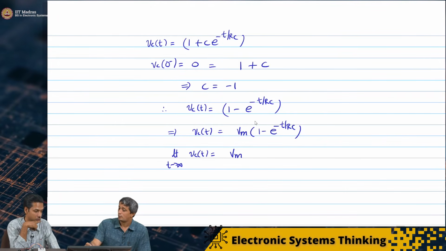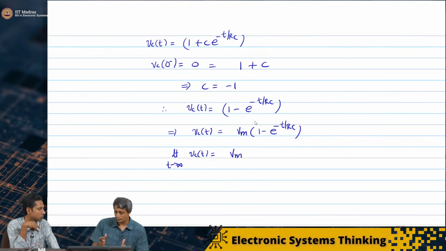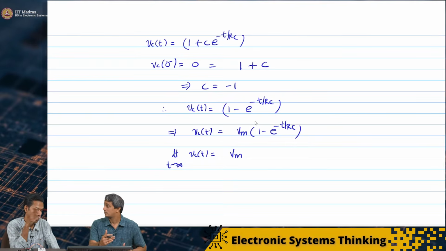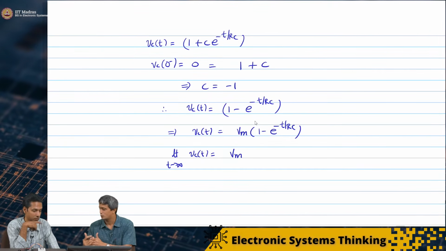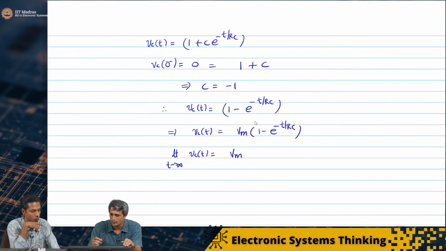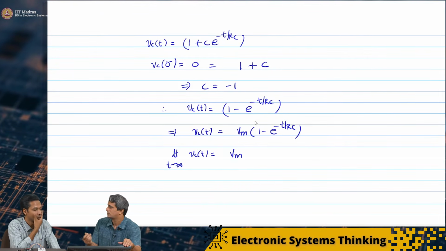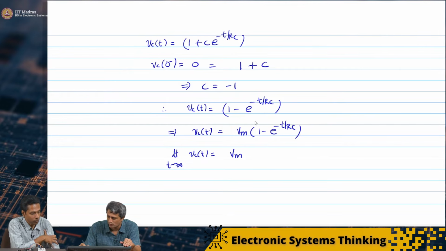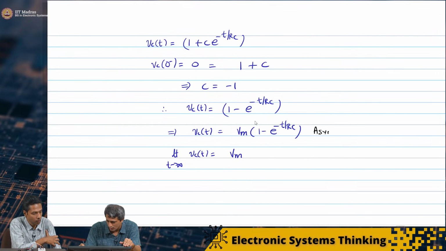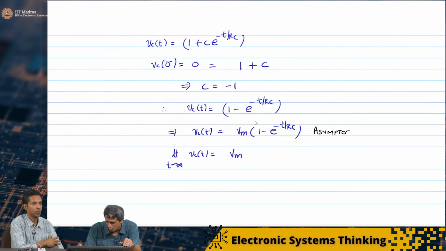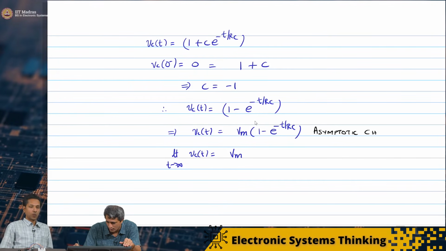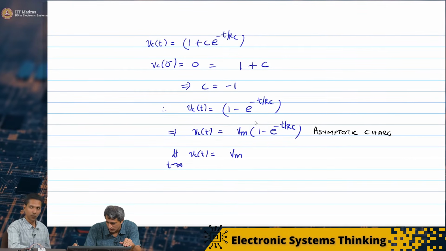And what happens to that delta? At lower times, the delta is large. At higher times, the delta is smaller. So this is what you call an asymptotic charge up, right? This is called asymptotic charging.